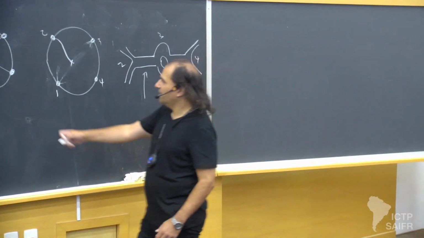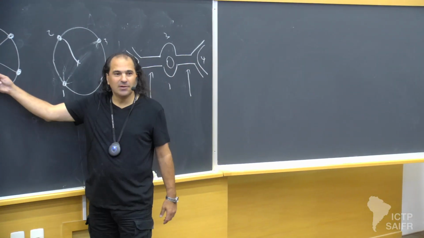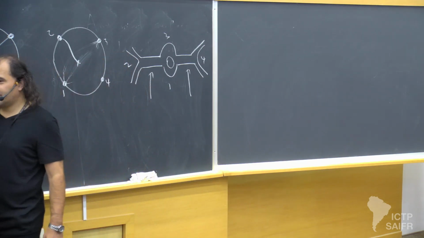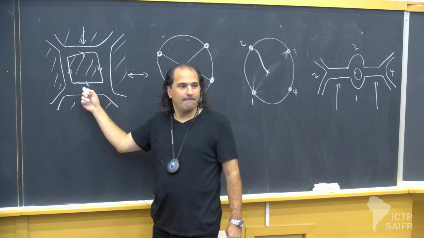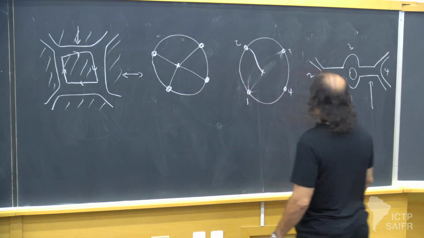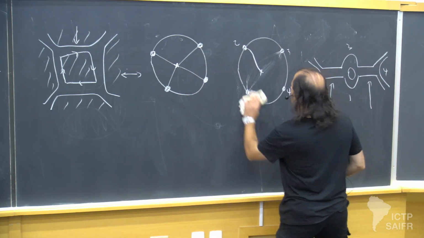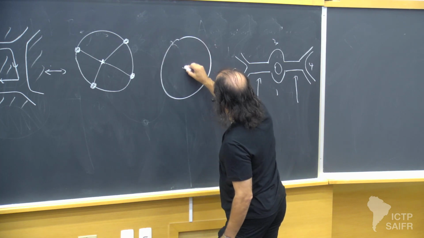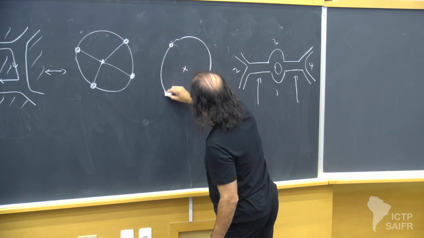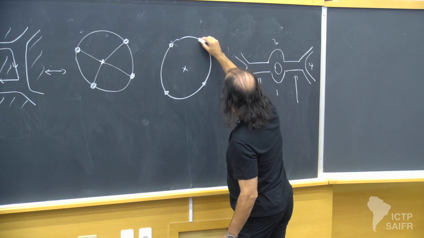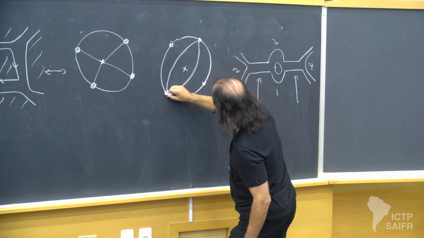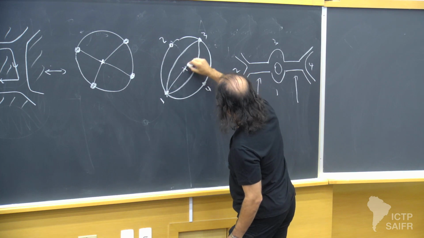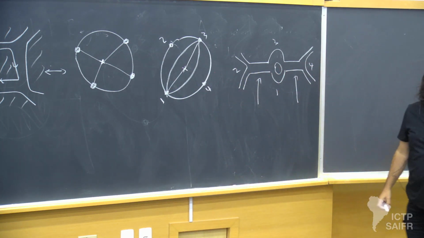So let's look in these one-loop examples. Well, here's one, right? And that's associated with this fat graph. Here's another one. Okay?